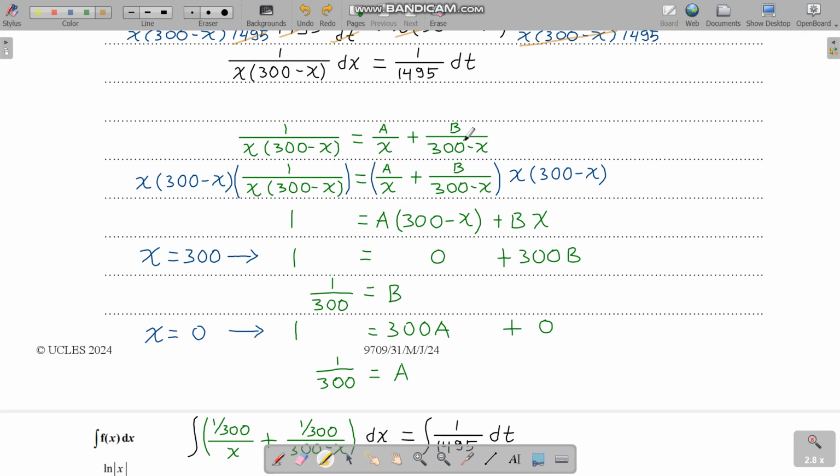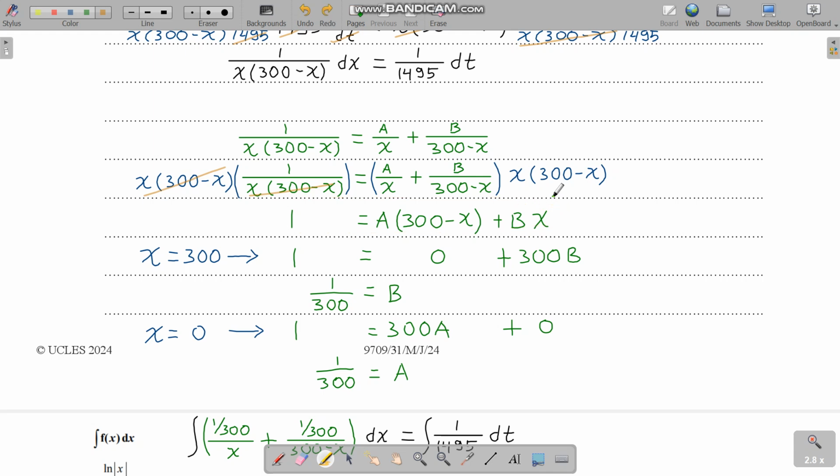Now multiply both sides by the denominator, so on the left you have only the numerator 1, and on the right you have A times (300 minus x) from the first term and B times x from the second term. So we have this equation now.